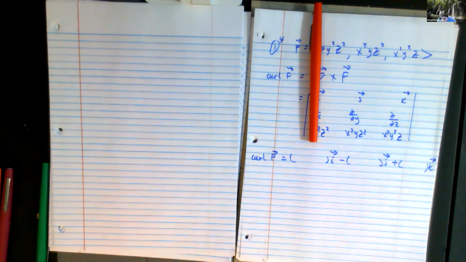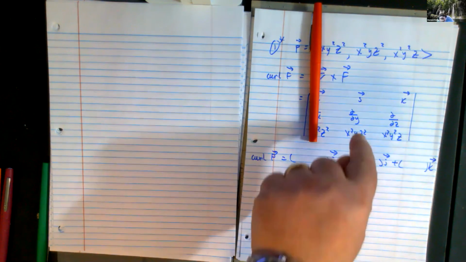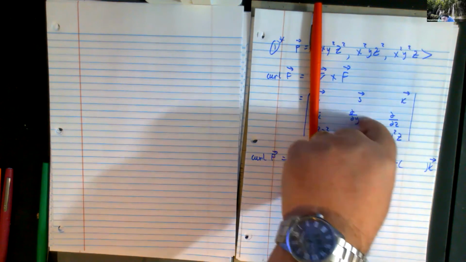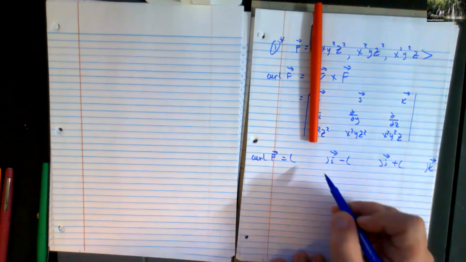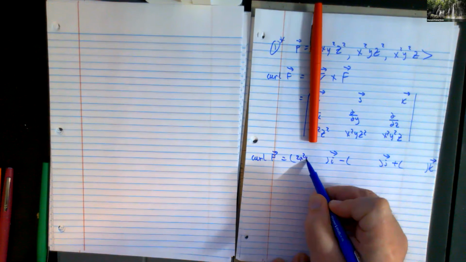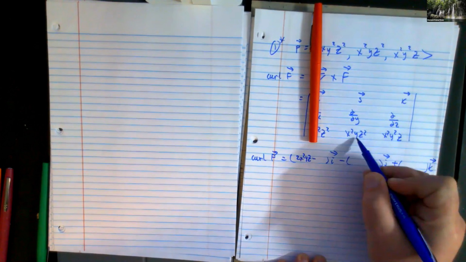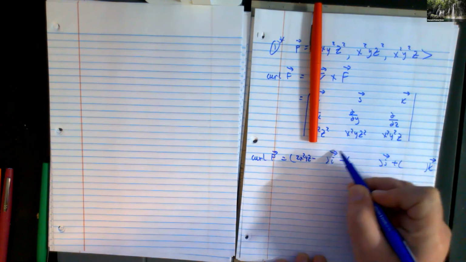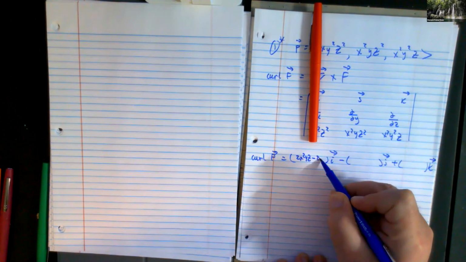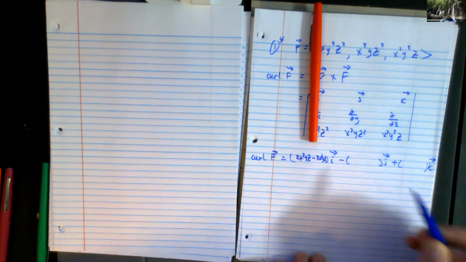Okay, watch me for screwing up here. You do this operator, you get 2x squared yz, take away what? 2x squared yz. Oh, that's nice. Move on to the middle one.